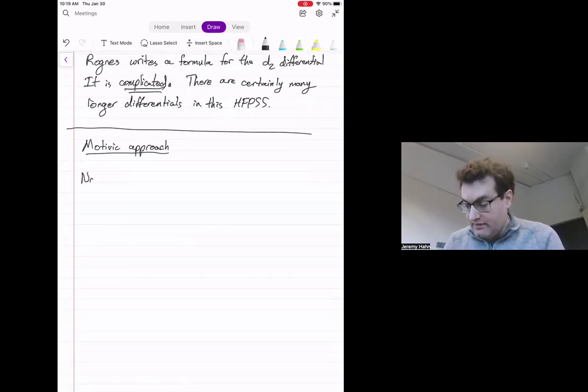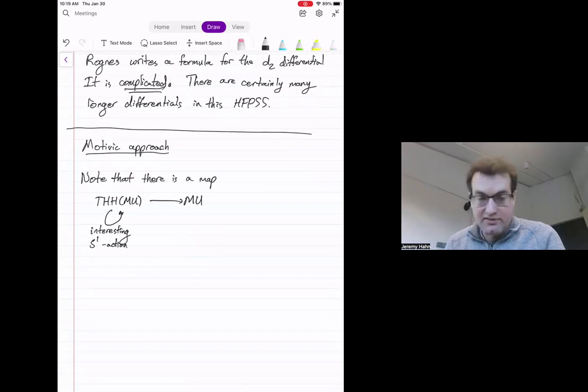So we're just going to note that there is a map THH of mu to mu, where here we have this interesting and necessarily highly non-trivial circle action, because if the circle action were trivial, we wouldn't have seen all these interesting D2 differentials in Raksit's work.